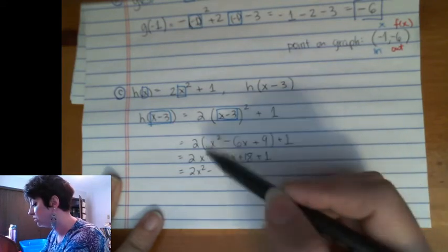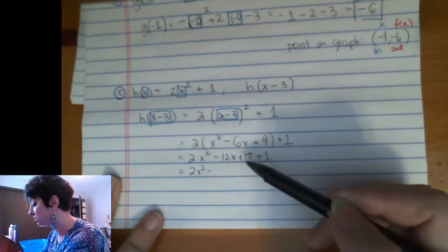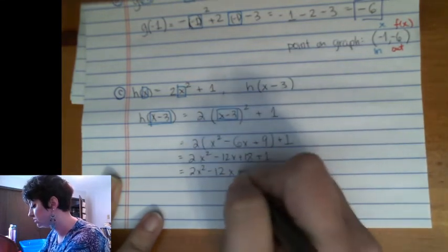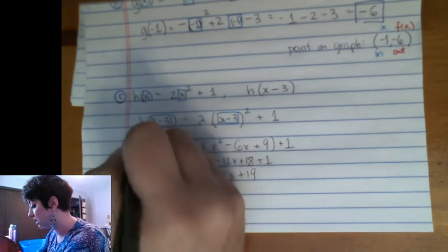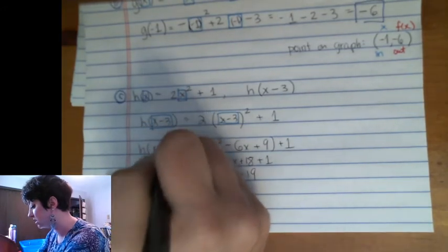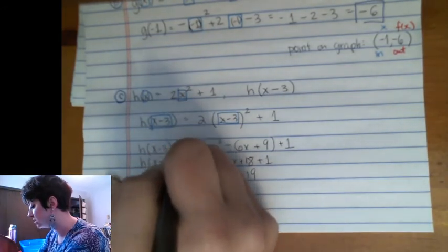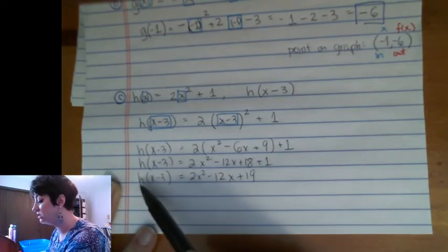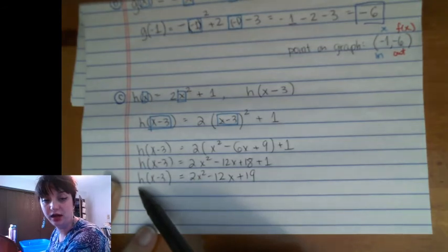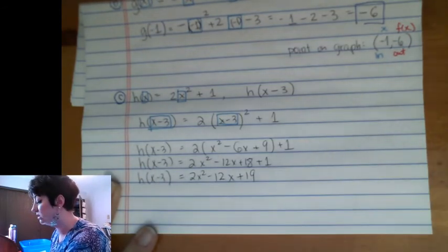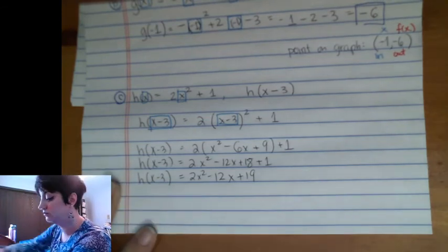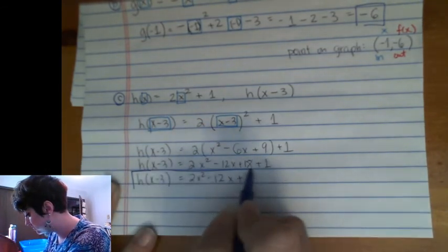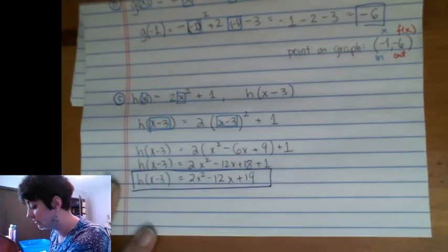Distribute the 2, I have 2x squared minus 12x plus 18, then the plus 1, and I can combine like terms. And again, this is h of x minus 3, not times, but of. So what does my h look like if I put in something minus 3? Okay, final answer.